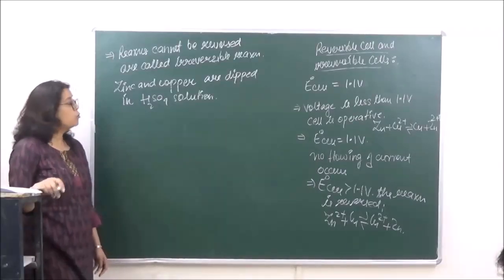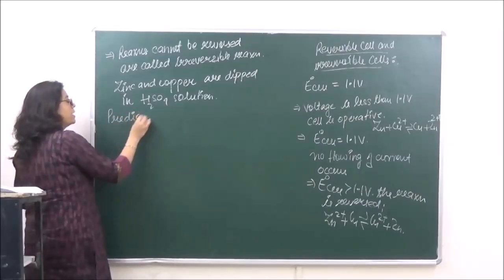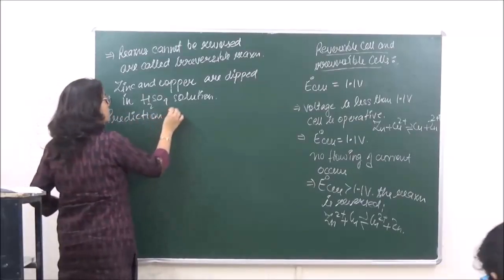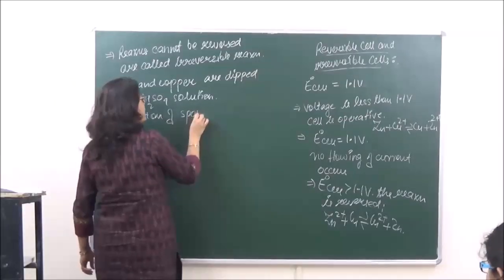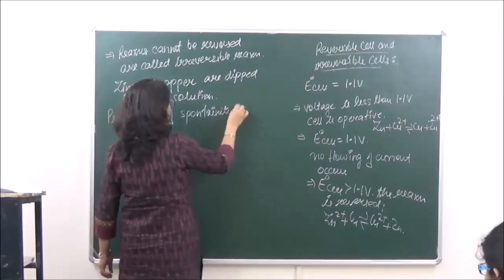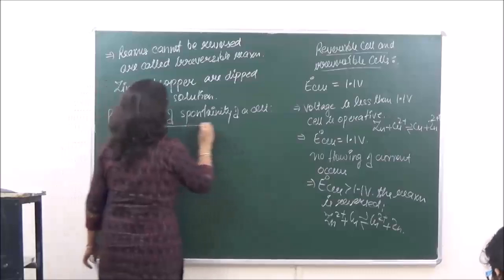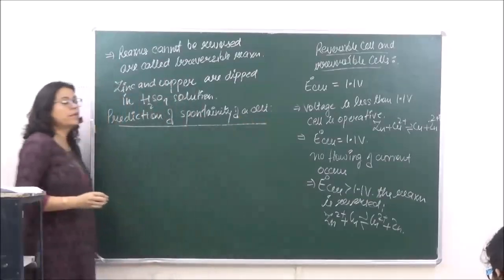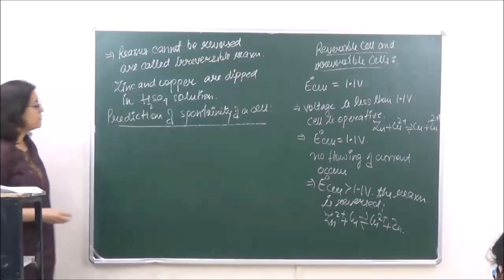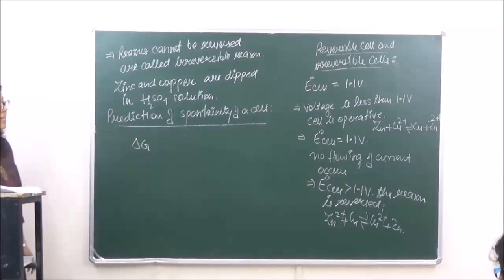Now when we are talking of any galvanic cell, we also spoke about one thing, which is the prediction of spontaneity of a cell. How do we predict whether the reaction is spontaneous? We know that for any reaction to be spontaneous, the free energy change, delta G, should be negative.